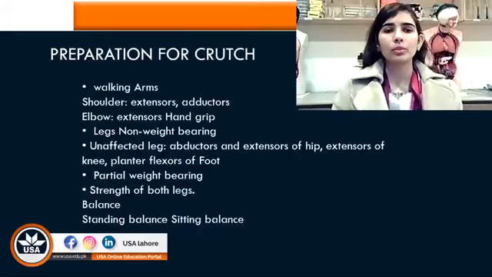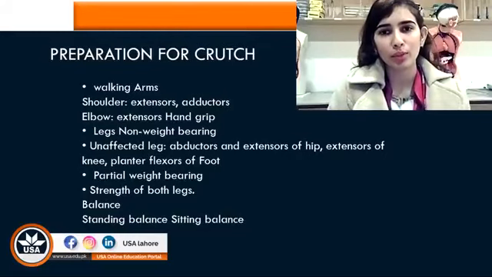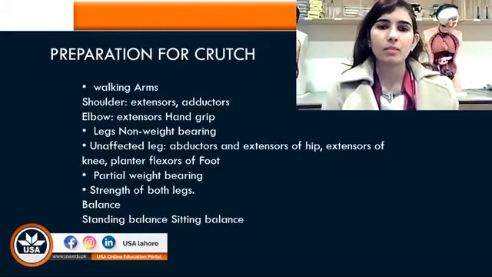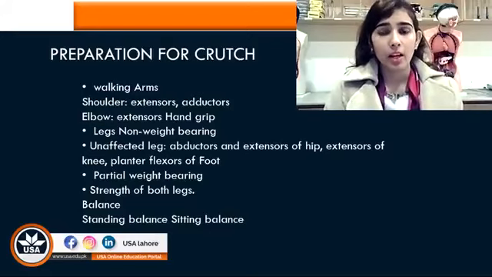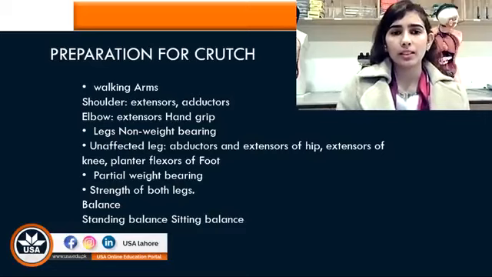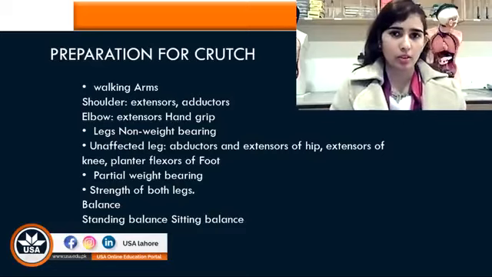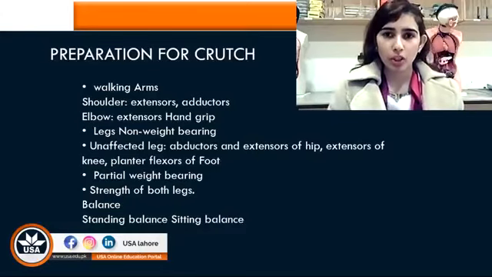So what preparations can we make for the patient in order to provide them stability and more strength, and to allow the patient to walk in a stable and more comfortable way with the help of these crutches?